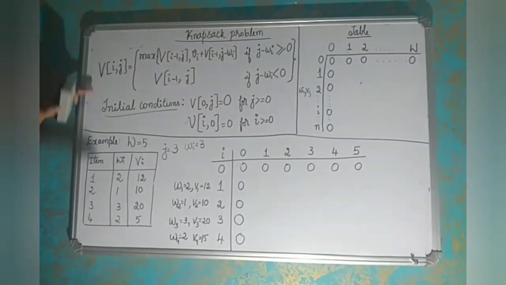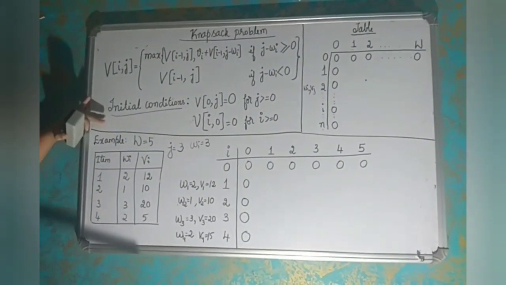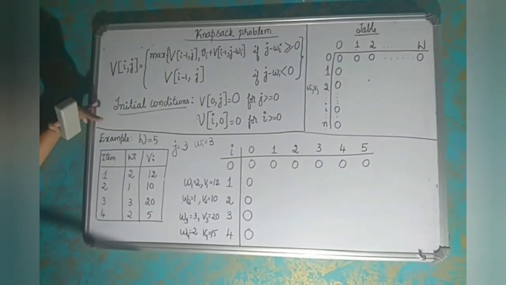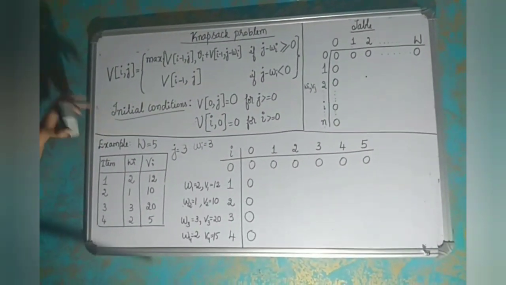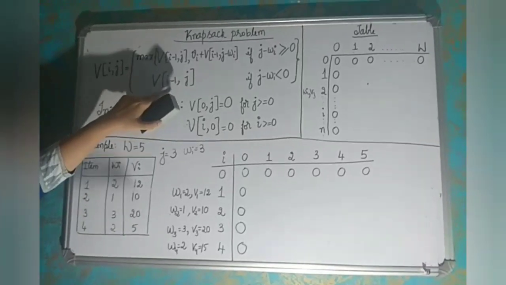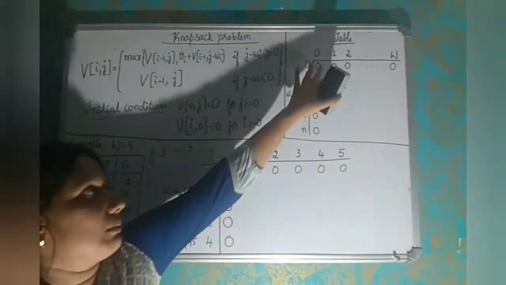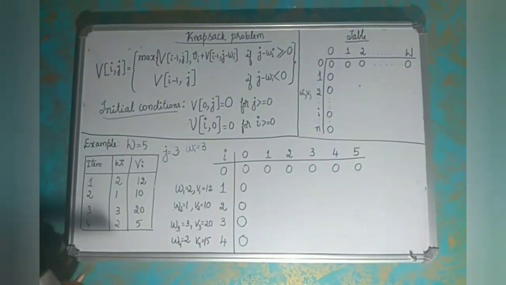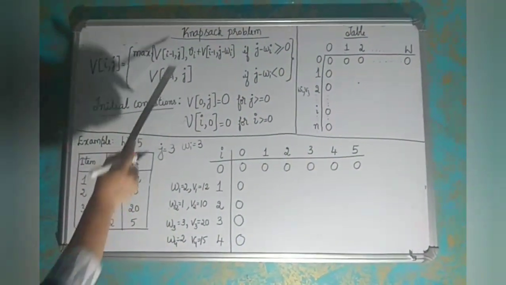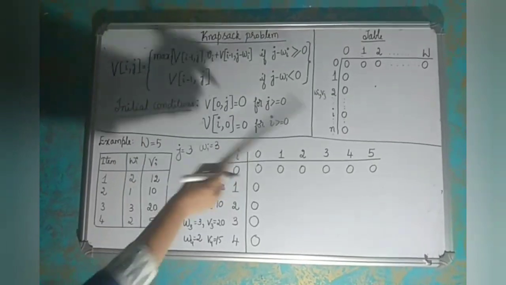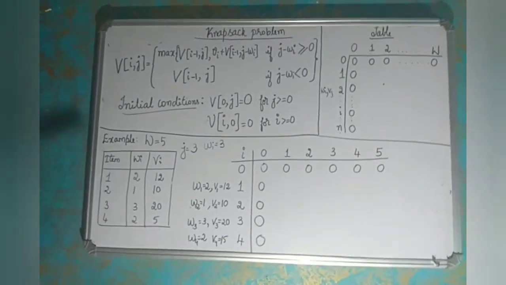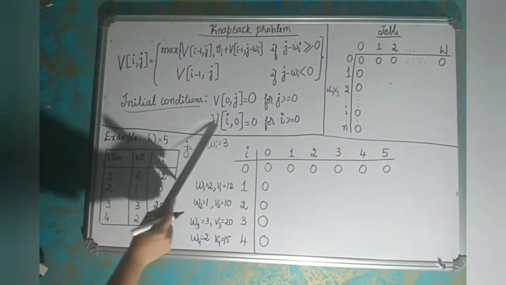For this recurrence relation, we also have the initial condition. This initial condition is required because here you have V of i minus 1 comma j. For finding the first value, if this initial condition is not there, how will you find it? There is no previous value at all. That is why we have the initial condition.